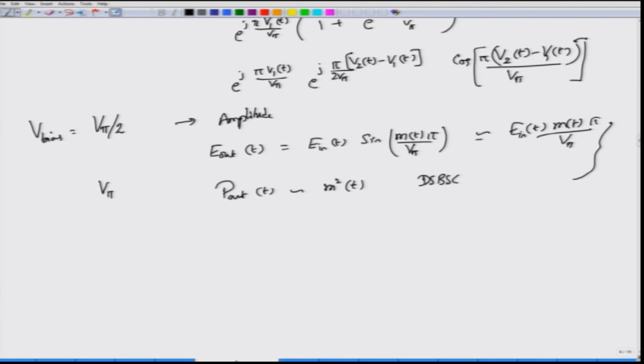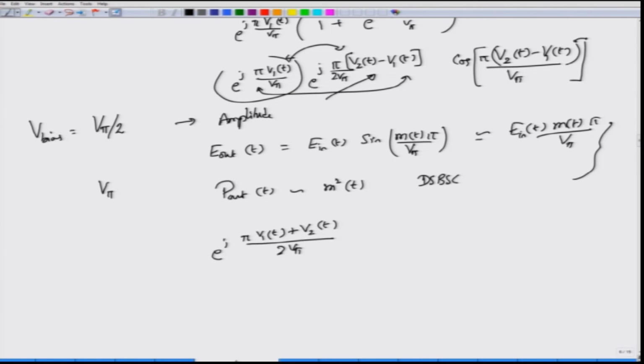But one thing I would like to talk about before we close the module is this expression, right. If you look at this expression, you can forget that this is a common factor, but then you will see that there is this particular term, right. This term gives you an overall phase shift; you have to combine both terms, and you will get e to the power j pi (V1 of t plus V2 of t) divided by 2 V pi. Okay.